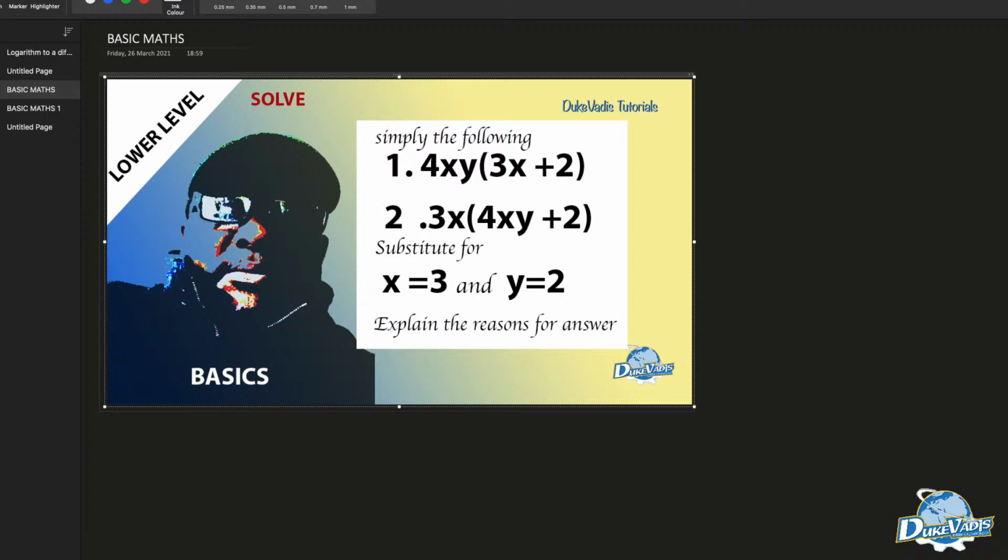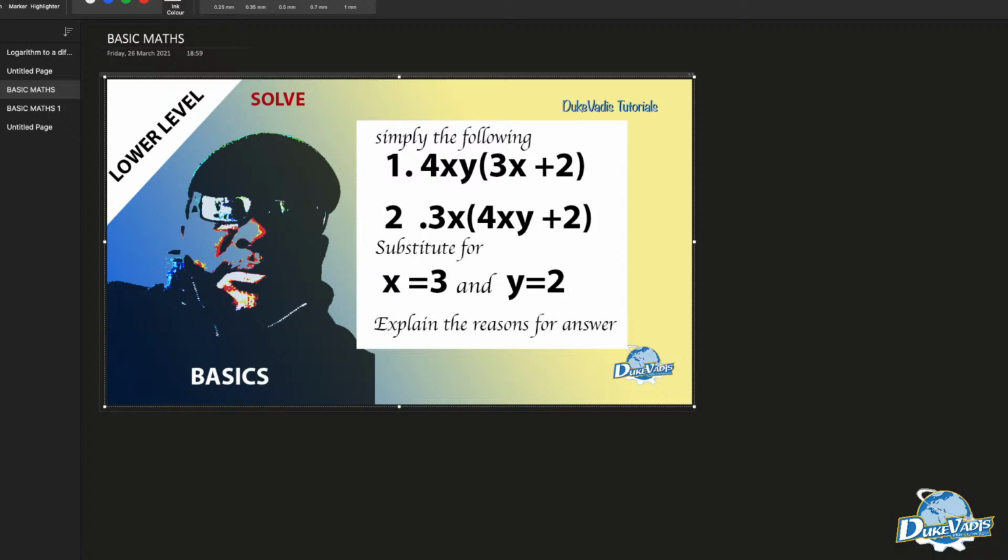What we have says simplify the following. The first question says 4xy into bracket 3x plus 2. And the second question, number 2, says 3x out, into bracket 4xy plus 2.